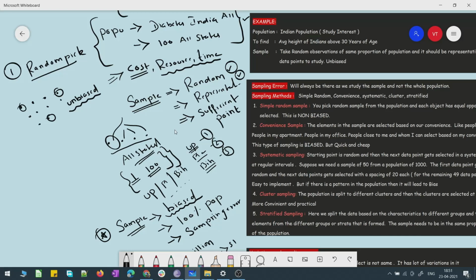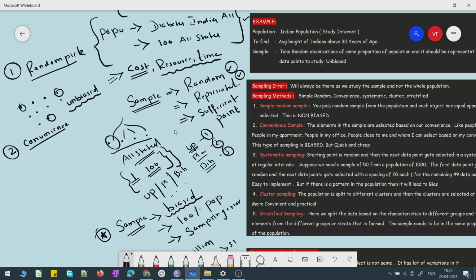The next method is the convenience method. Over here, it is based on our convenience. Let's say I'm studying in a college and I stay in a hostel. I will not go and survey all the people in the college. I will look at people who are in the hostel, who stay with me, and take their opinion, and then I project it for the whole college.